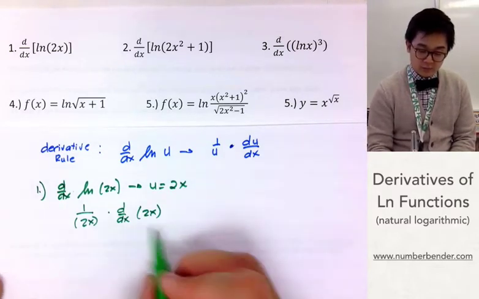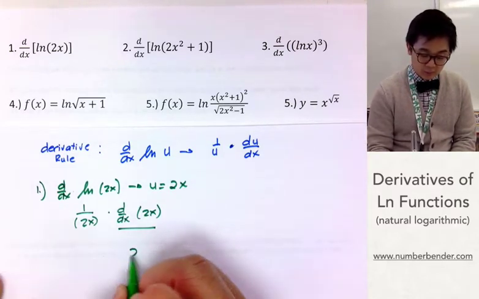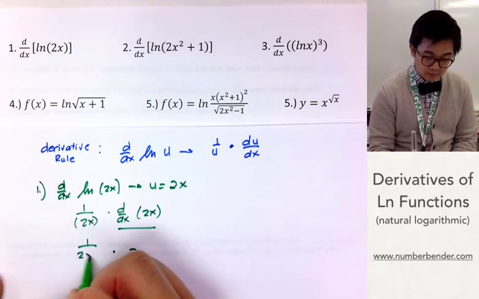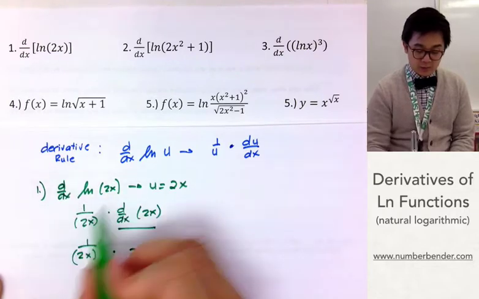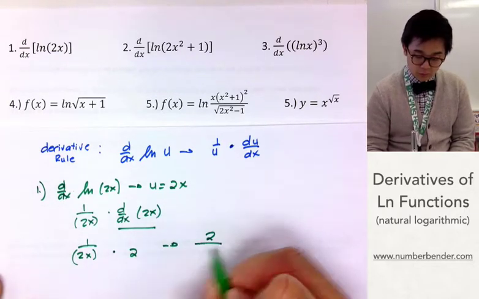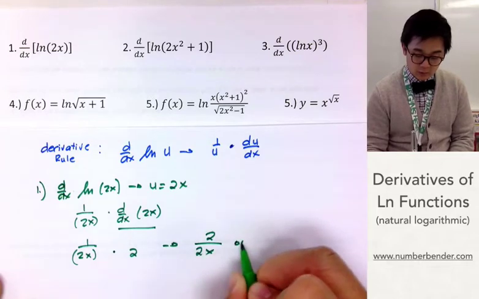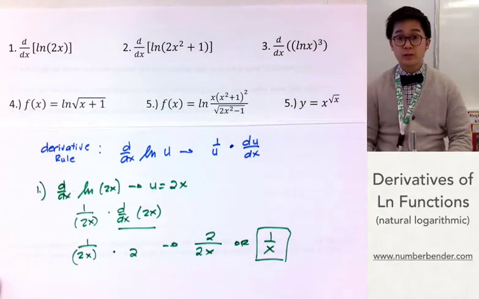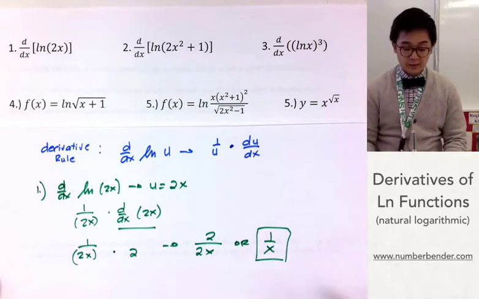We know that the derivative of 2x is simply 2. So going back to 1 over 2x, the derivative of ln 2x is simply going to be 2 over 2x, or 1 over x. So this is how we use the derivative rule for ln u.